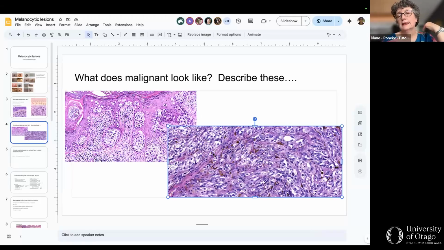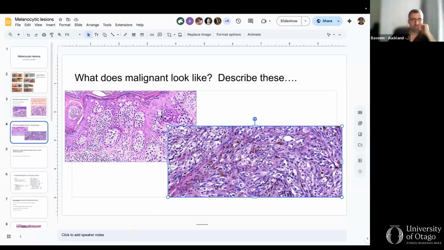So spindle cells and epithelial cells, are they prognostic in the skin? Yes or no? 3, 2, 1, go. Who's good at skin? My answer is no, they're not.